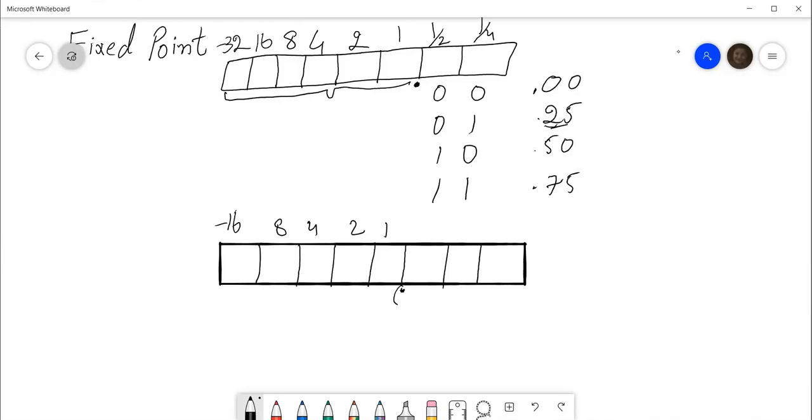Obviously, I'm just showing it here, but the programmer is coding it so that the 3 bits from the right side are for the fractional part. So 1/2, 1/4, and 1/8. That's how the decimal fraction precision keeps on increasing.